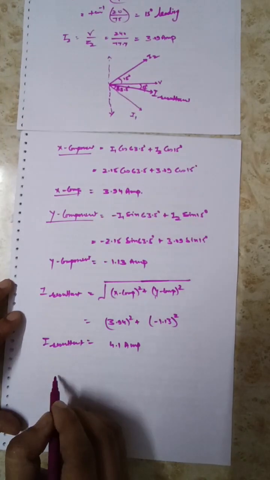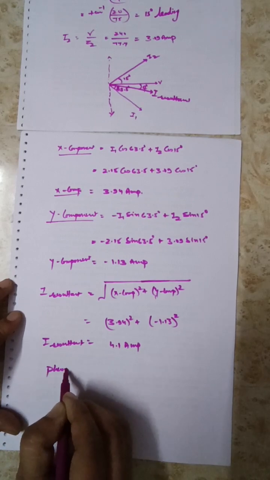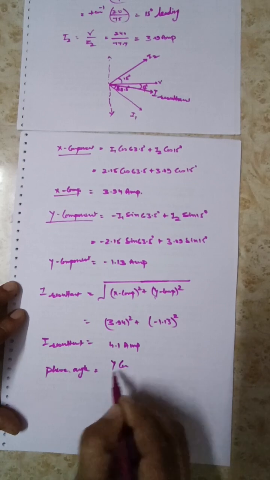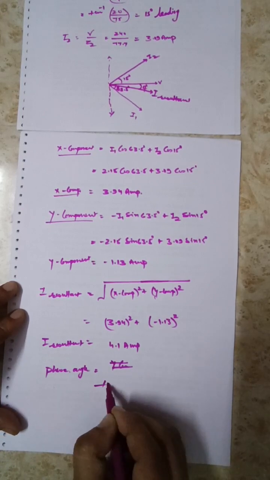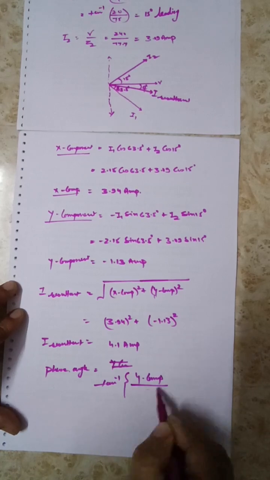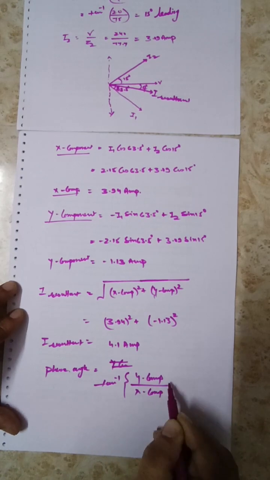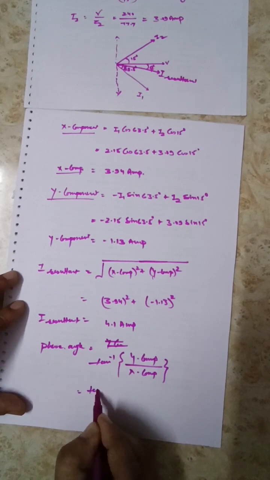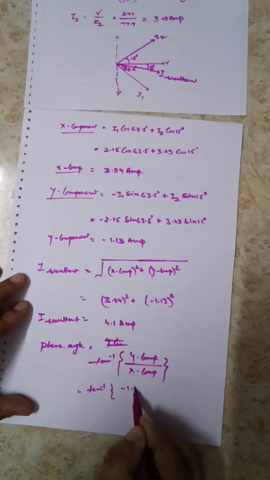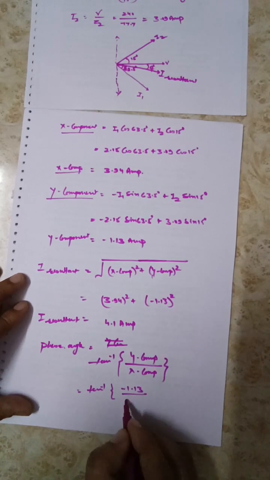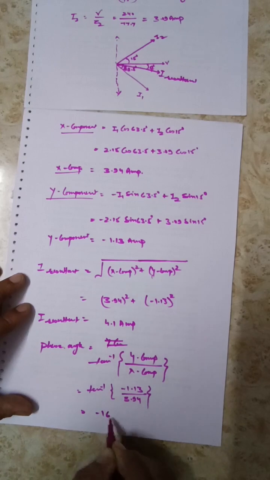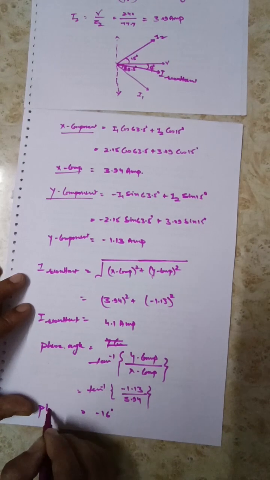Clear? What will be the phase angle? Phase angle will be equal to tan inverse y component upon x component. So tan inverse, what is y component? Minus 1.13, and what is x component? 3.94. So it will come out to minus 16 degree.